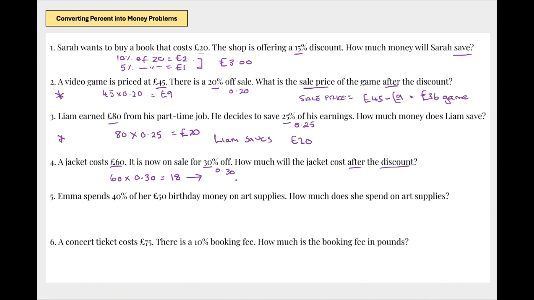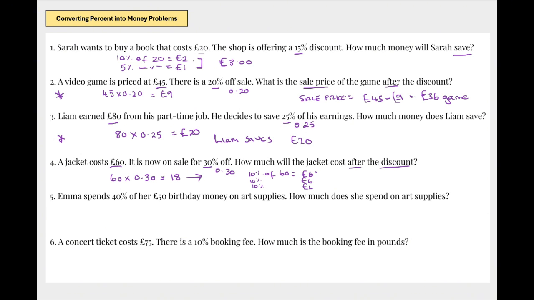I'm going to show you another way actually as well. There's another way you can do it. You can do 10% of 60, which we know is £6. So we can now times our £6 by 3, because obviously 10% is £6 and another 10% and another 10% equals 30%.